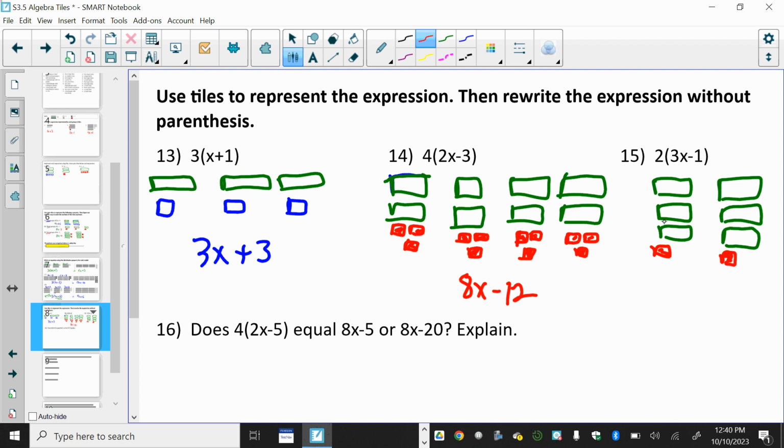Now we have 3x minus 1, 3x minus 1. Right, we're going to rewrite that as 6x minus 2, which makes negative 2. Alright, so let's see what that means.